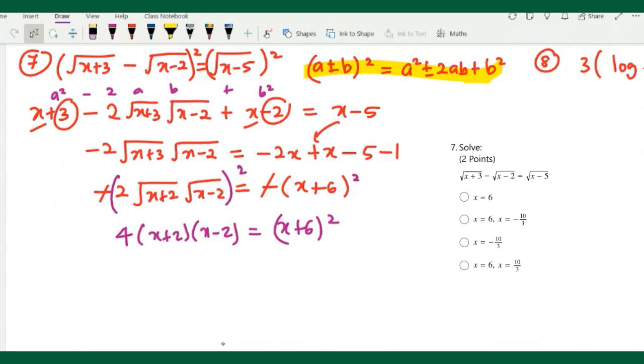Okay, so we expand. This one can be expanded directly. We should end up having x squared plus 12x plus 36.